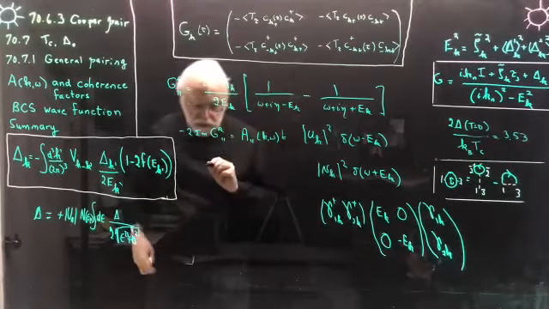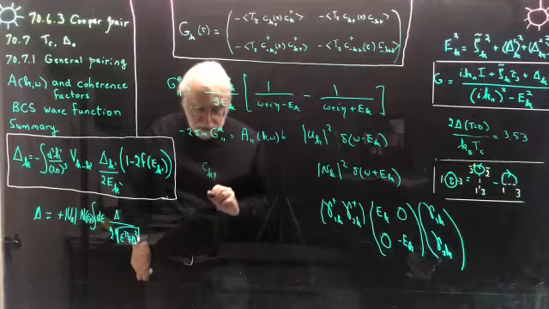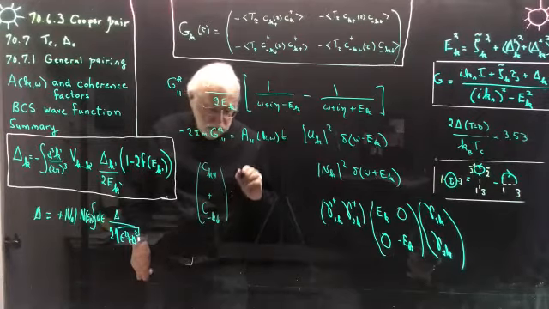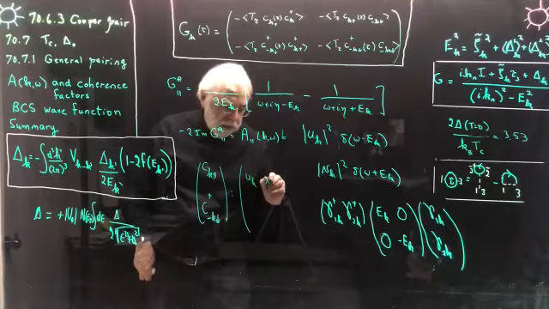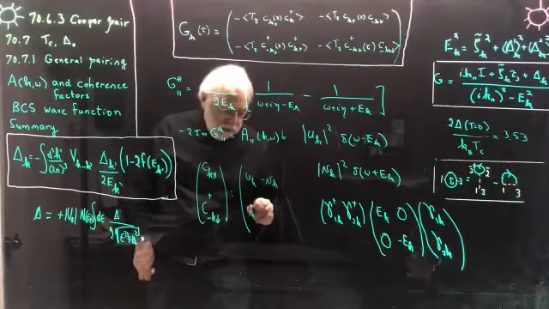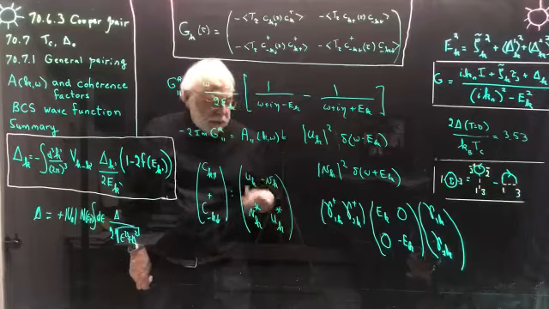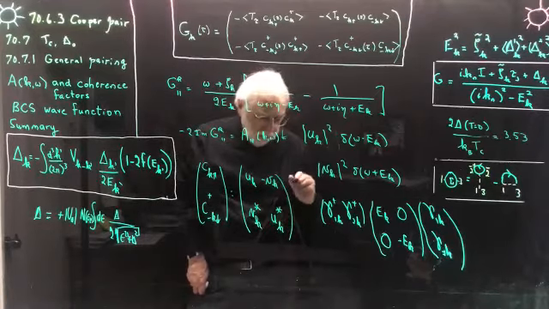So Ck up, C dagger minus k down is equal to Uk, minus Vk, Vk star, U star k. So you can check that this matrix is unitary, and that's the most general 2x2 unitary matrix you can write.